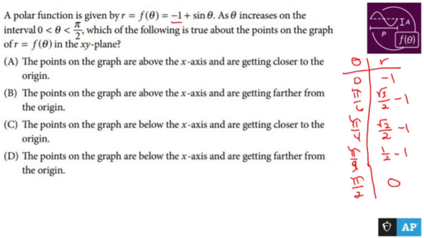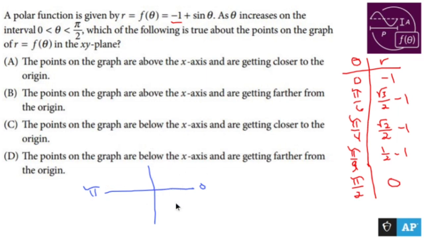So in the limited space that I have, I want to graph these values on a polar plane. Oh man, I really did a bad job giving myself space. Here's 0, here's pi. All of these represent the values that I want.